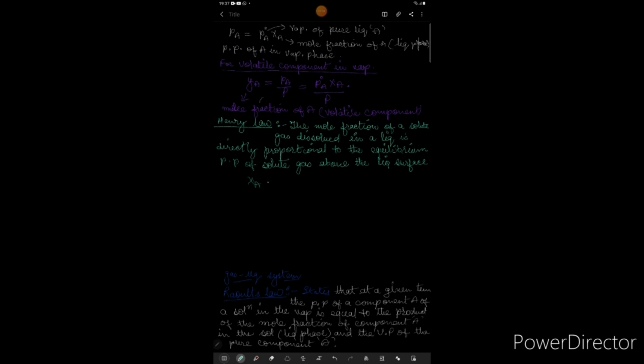This mole fraction of A is directly proportional to the partial pressure of A. This comes to partial pressure of A is equal to mole fraction of A into Henry constant.